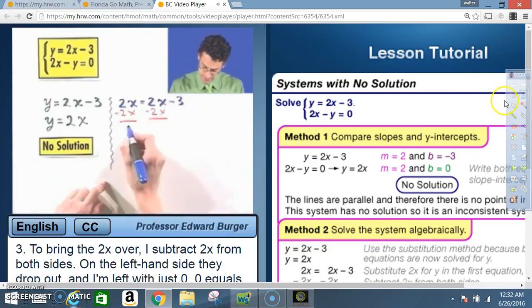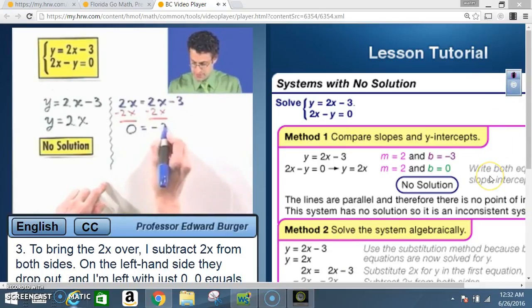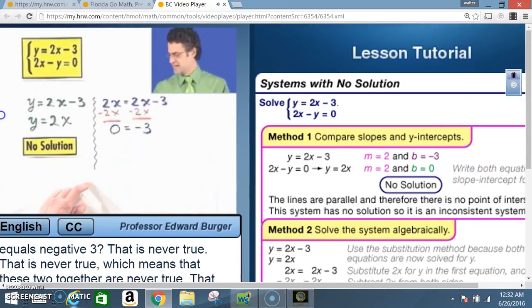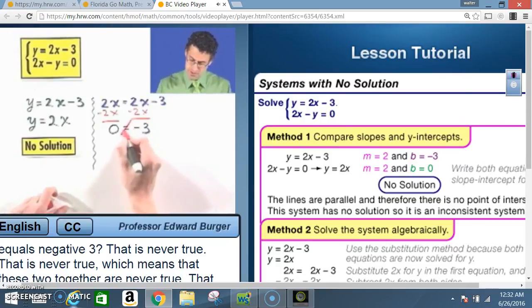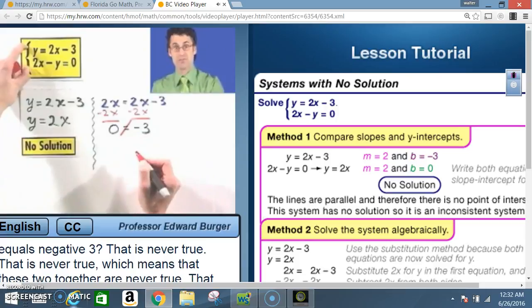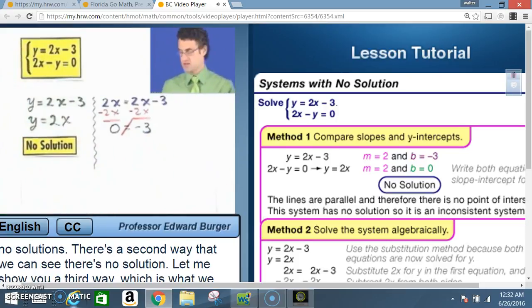I'm left with just 0 equals negative 3. 0 equals negative 3. Well, that is never true. That is never true, which means that these two together are never true, which means there are no solutions. So there's a second way that we can see there's no solution.